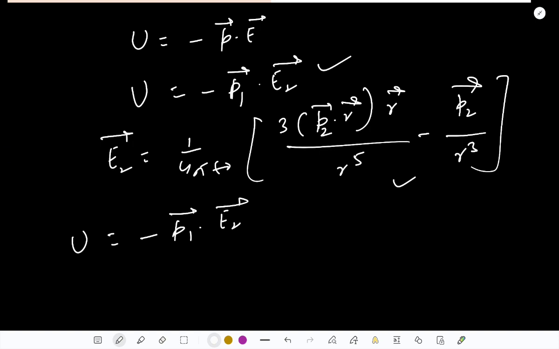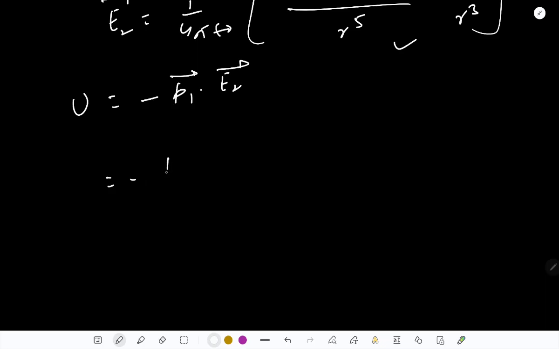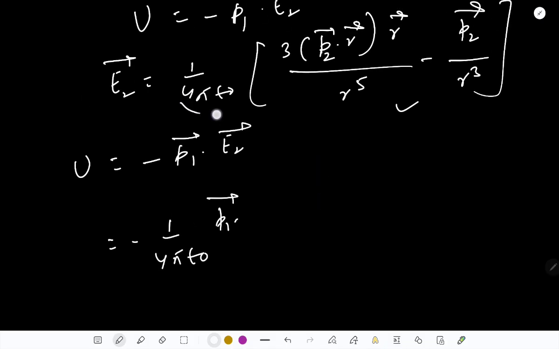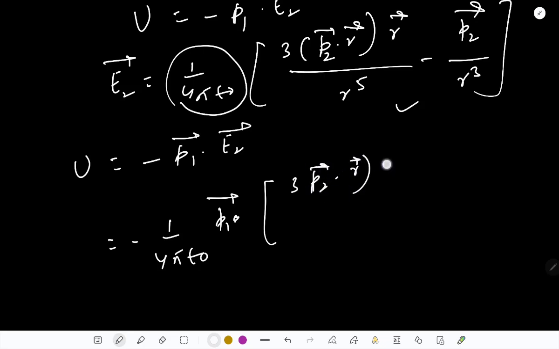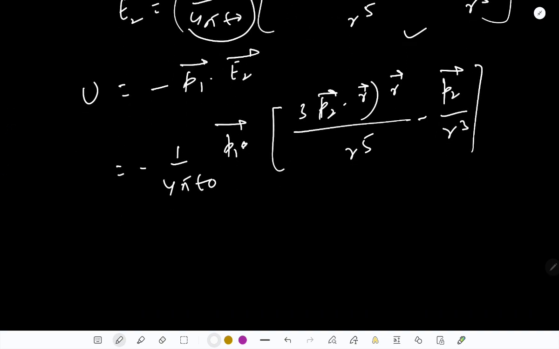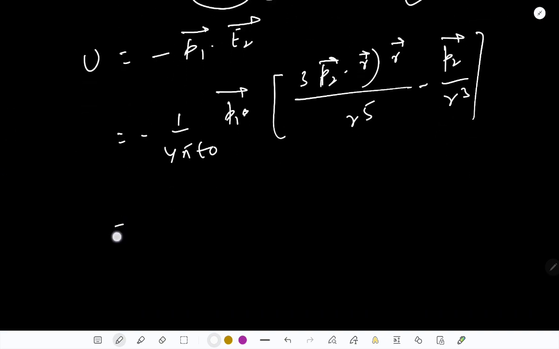And it is minus 1 by 4 pi epsilon naught P1 dot, and then E2, and I can write here simply 3 P2 dot R vector divided by R5, minus P2 vector by R cube. Next we are going to get 1 by 4 pi epsilon naught P1 dot P2.